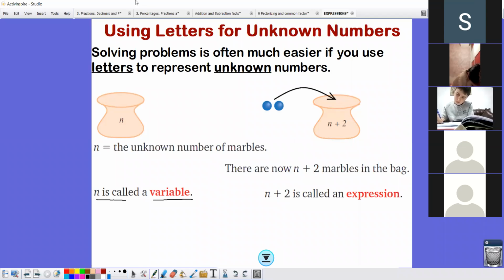It's important to understand how we get this plus 2. Here it's very easy, but you may have something that is different. Now it's very important for you to write the correct expressions.